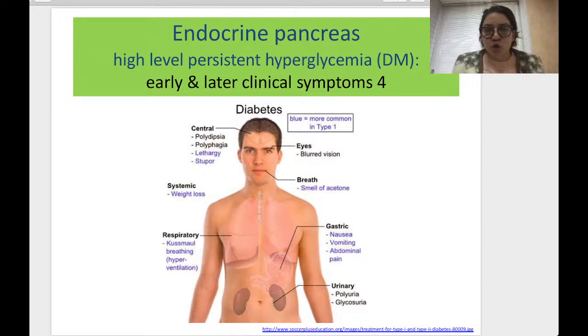Systemic: weight loss for type 1 or weight gain for type 2. Respiratory, for type 1 most of all, it is Kussmaul breathing with hyperventilation. Gastrointestinal symptoms are typical for type 1 too, mostly nausea, vomiting, and abdominal pain. And urinary symptoms like polyuria and glucosuria are possible and specific for both types of diabetes.